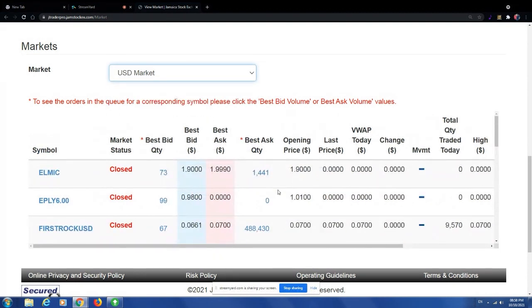And for the USD market, this is US dollars, guys. So Equity Line Mortgage Investment Corporation, someone is willing to sell at $1.99, and with the US market on the JSE, it goes to 4 decimal places. But the JMD stocks, it only goes to 2 decimal places.